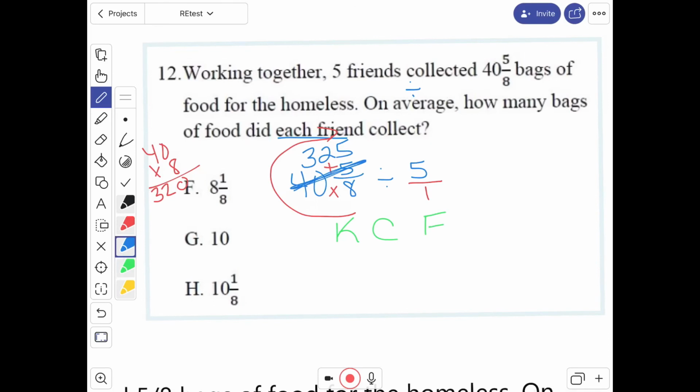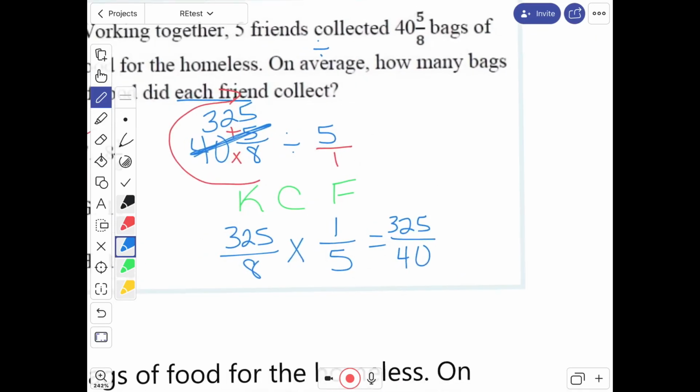And then I use the rule keep, change, flip. So I keep 325 over 8, change to multiplication, flip the last fraction. And I know that 325 and 5 will simplify, but I can't really do that in my head easily. So I'm going to go straight across, and I get that.